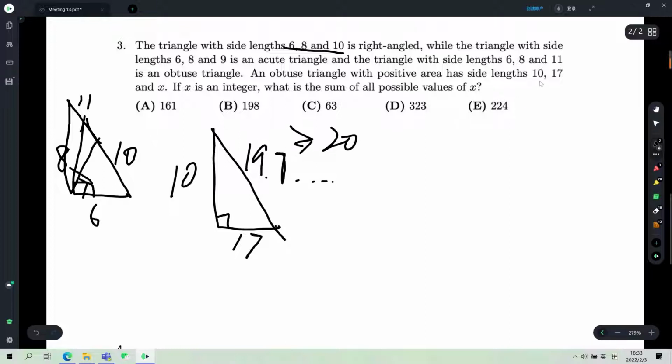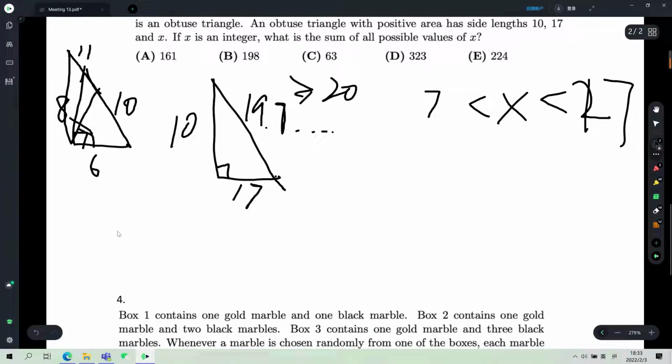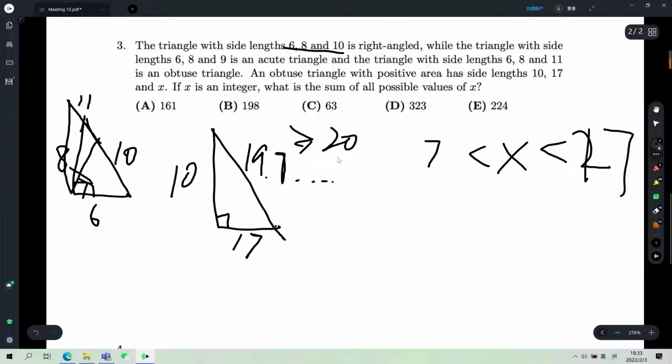We also know that the third side in a triangle should be greater than the difference between the two other sides, which is 7. Also, it should be smaller than the sum of the other two sides. So for this part, the possible x values are 20 to 26.